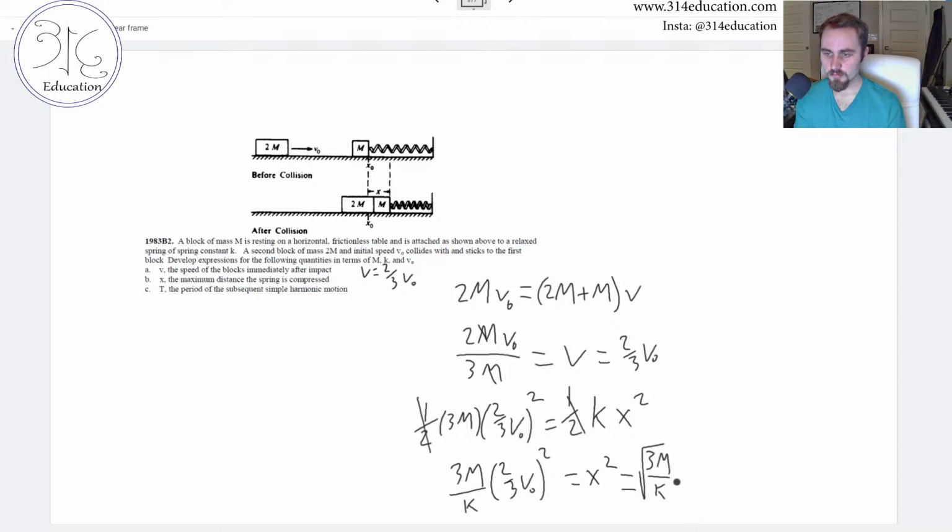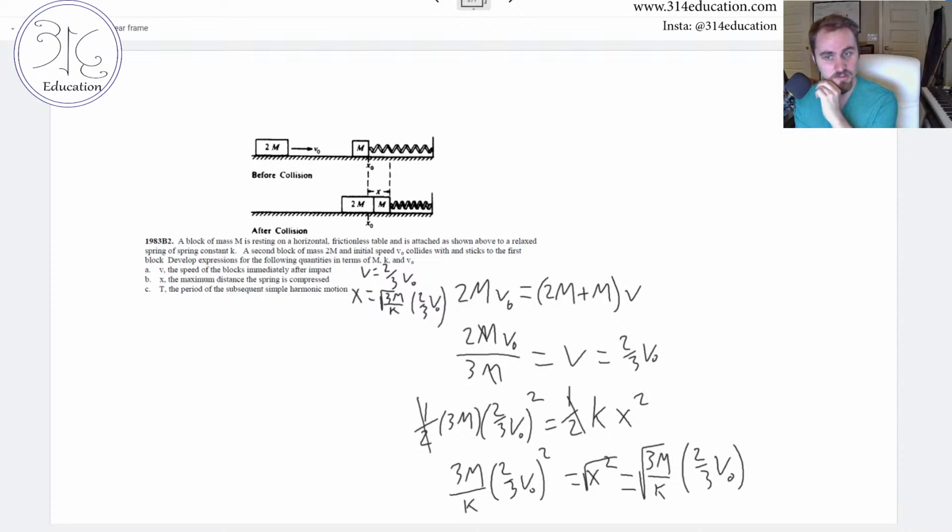It's equal to the square root of this guy, because we use the root to undo the square operation. So we get x is equal to the square root of 3m over k times 2/3 v naught. And that is all in terms of m, k, and v naught, so that's what we're looking for. Awesome.